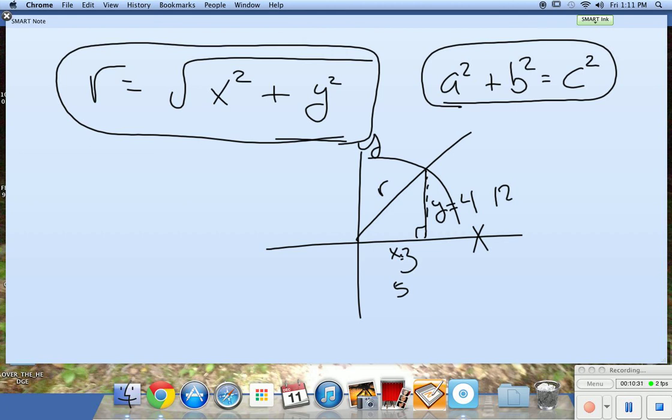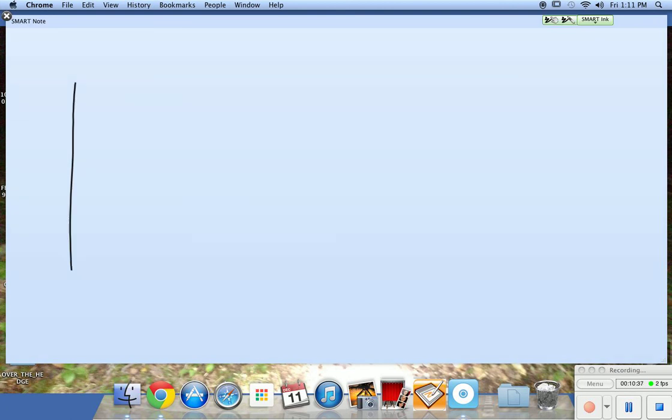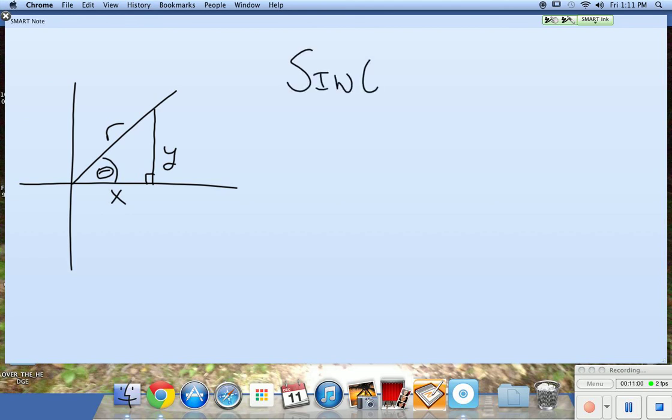So, I'm going to redraw this over here. My x, my y, and my r. If I'm going to take a look at the sine of theta, and I'm going to call this theta in here, and I remember that my sine of theta equals my opposite over my hypotenuse, we can rewrite this as y over r.